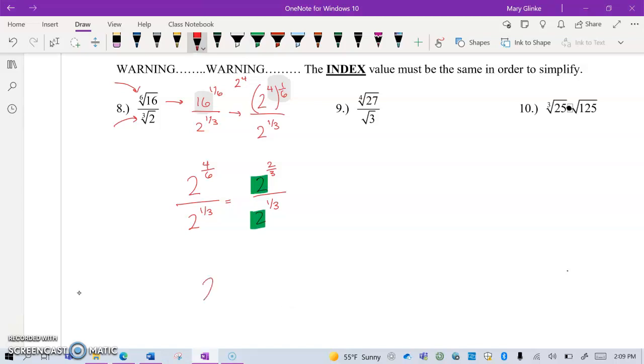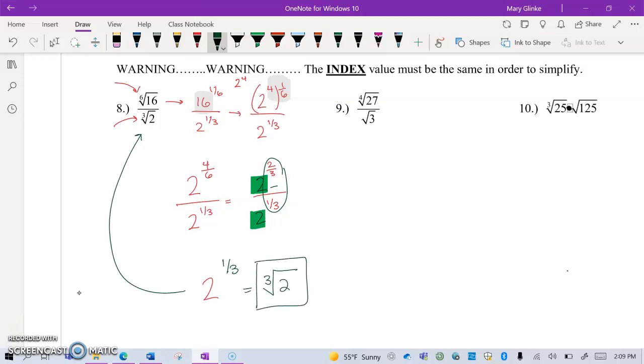So 2 is our base, meaning we're going to take the exponents and subtract them because it's division. So 2 to the 2/3 and 2 to the 1/3, when I subtract them, gives me 1/3. And then I'm going to say, okay, my original problem was in radical form, so I need to answer this in radical form. This is the cubed root of 2.